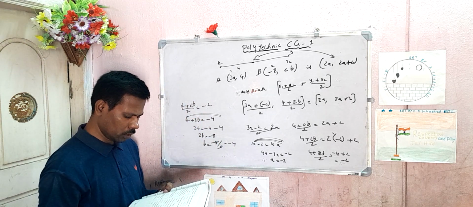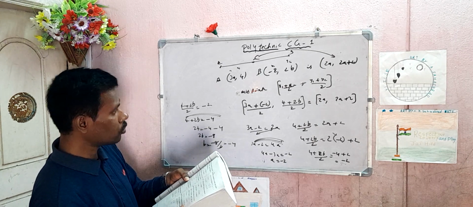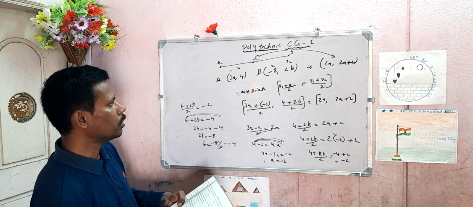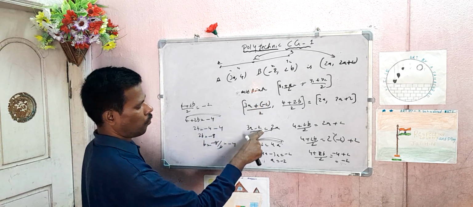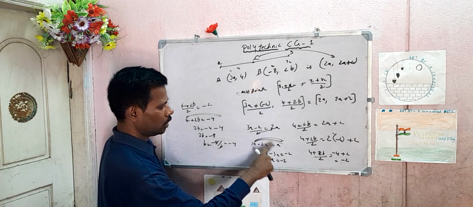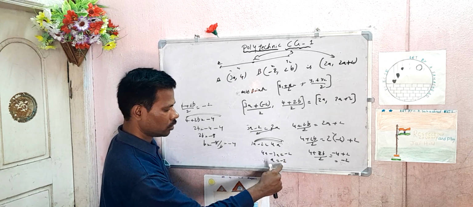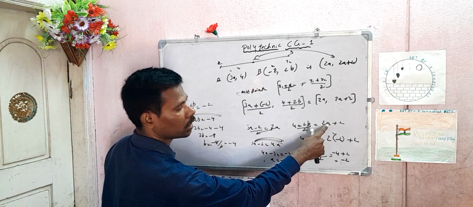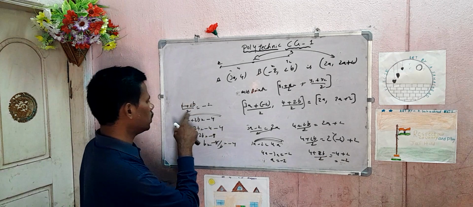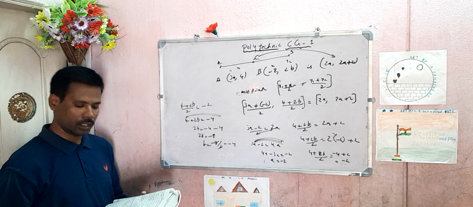I think the question is wrong. (3a, 4) and (-2, 2b), and the midpoint is (2, 2a plus 2). First I equate 3a minus 2 to 4a, bring this one, 4a minus 3a is minus 2, a value is minus 2, replace here. 4 plus 2b is equal to minus 2, and that's it.